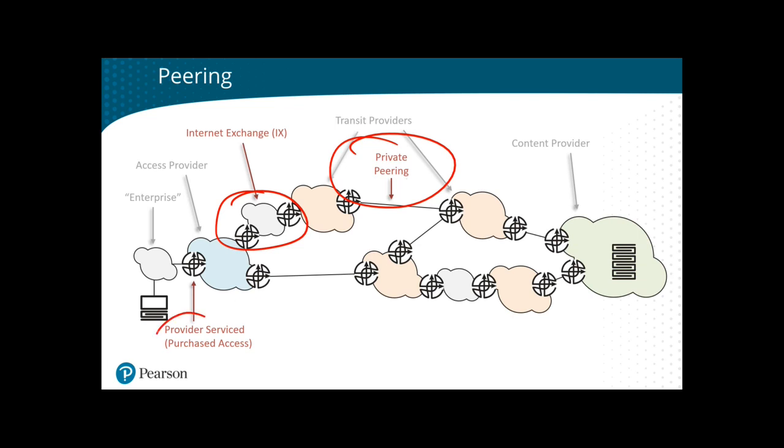Then we also have a provider serviced or purchased access, or upstream. Now we're going to talk about other kinds of things in this realm in just a minute. But you basically have peering at private peering points, internet exchanges, or what are called COs or points of presence, POPs, or COs, central offices.